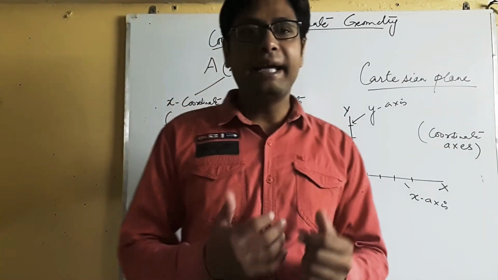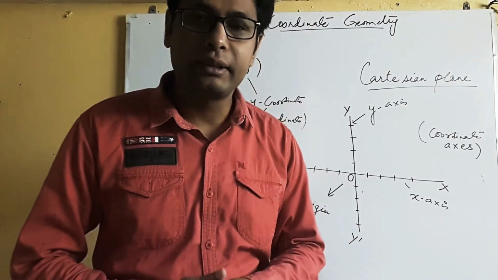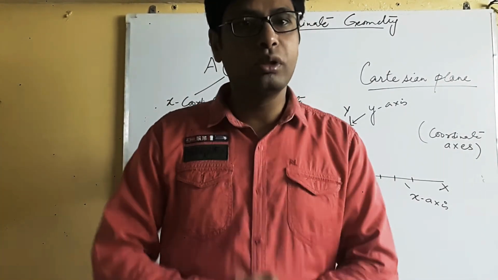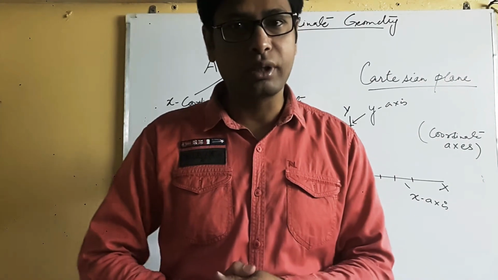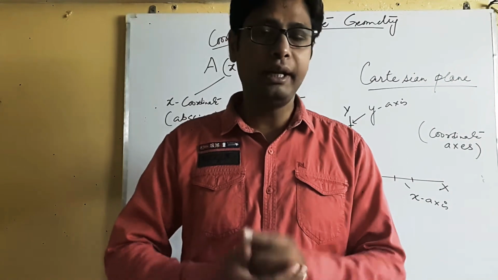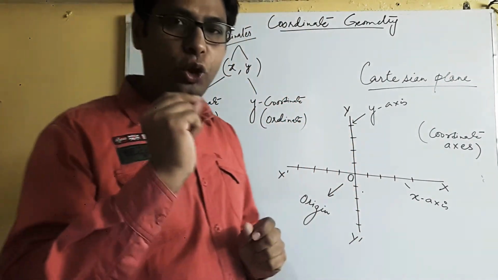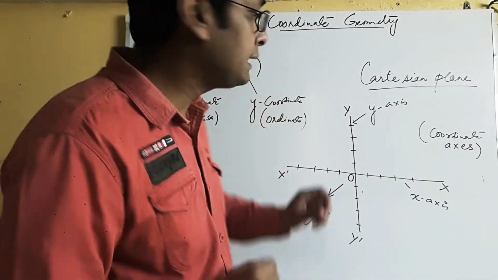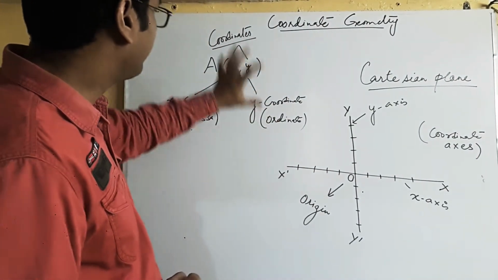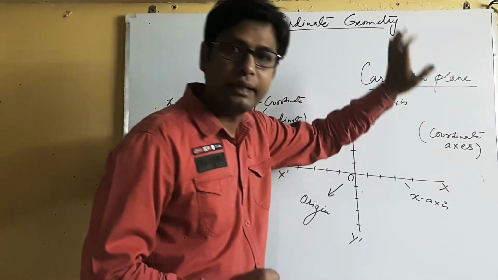So let's revise these things once again in class 9, and then we will locate the points on the Cartesian plane. This is how to locate the points on the Cartesian plane. But first of all, you should know some technical terms of this chapter. The first thing is the Cartesian plane.